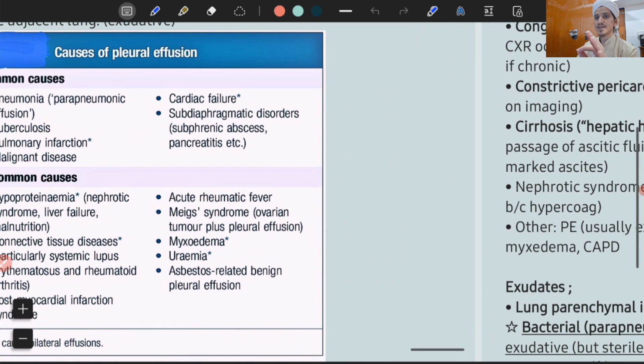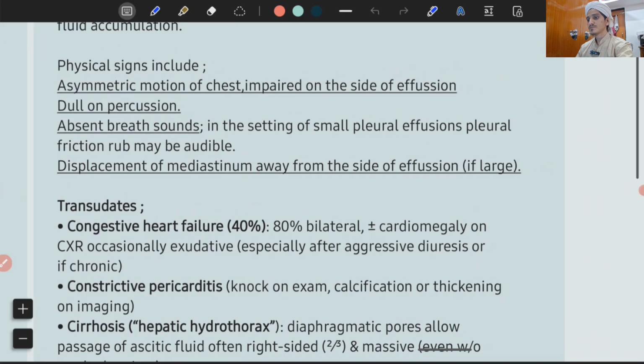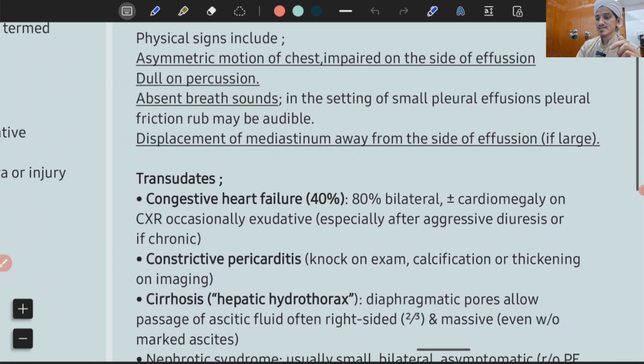Okay, so pleuritic pain you can have in pneumonia, pulmonary infarction, and connective tissue disorder, and you can also have dyspnea, typically trepopnea, and also orthopnea in cases like acute left ventricular failure, or when there is accumulation of a high amount of fluid on both sides. So that's about the symptoms of pleural effusion, either pleuritic pain or breathlessness. Next one is signs.